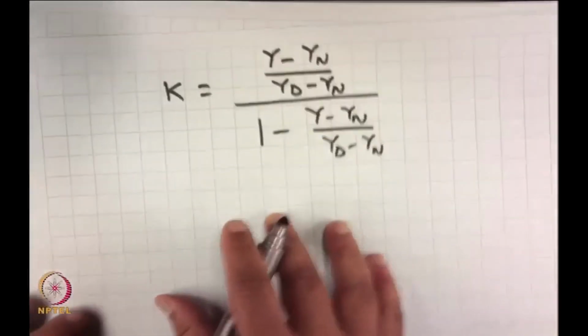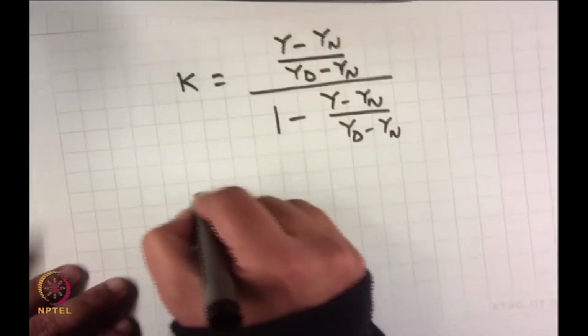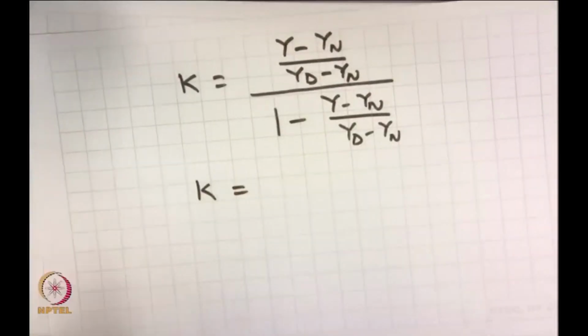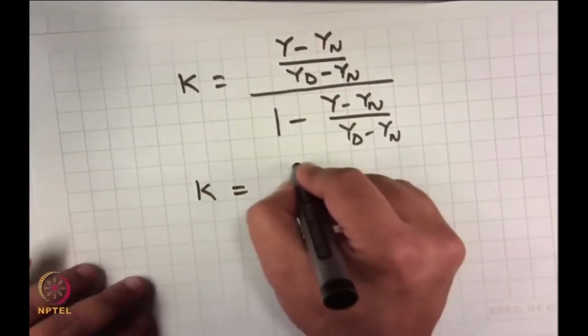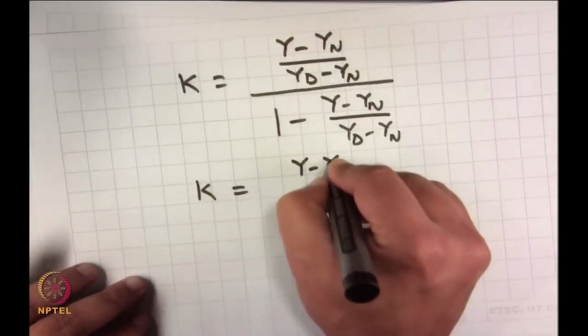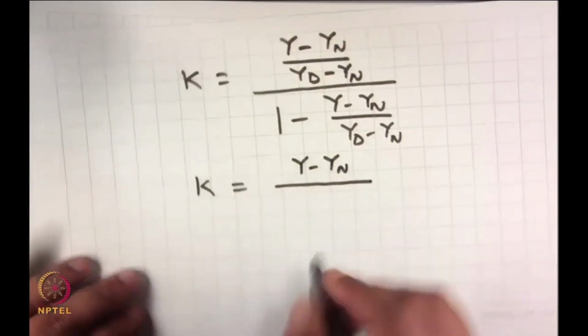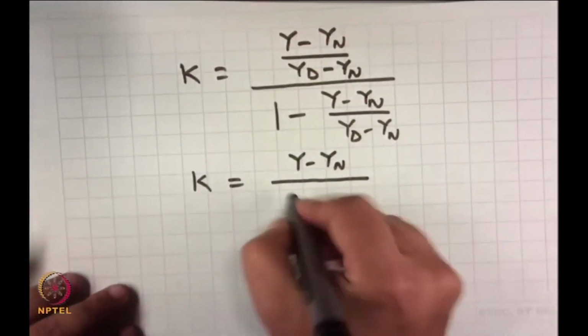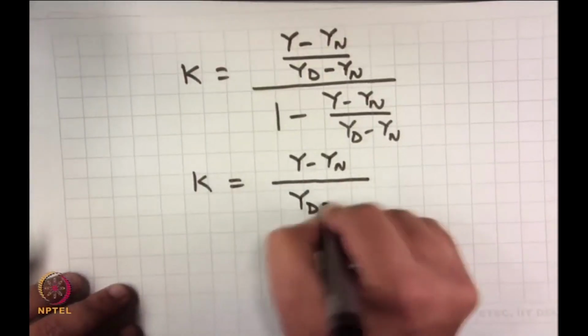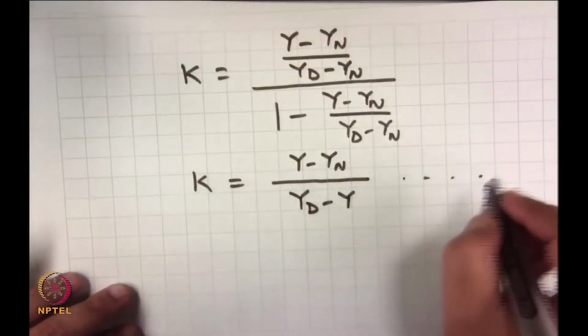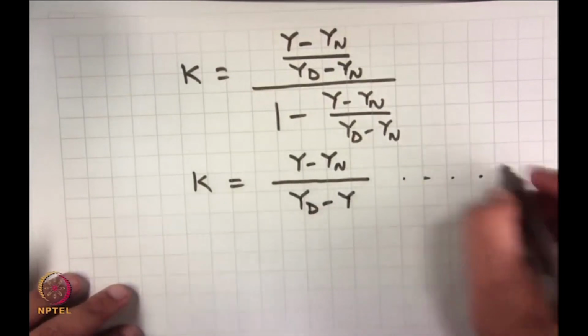There is another expression for K, and hence K would be equal to, what will it be? It would be y minus y of n. Then what do you have in the denominator? y of d minus y, and this would be equation number 6 for us, I guess.